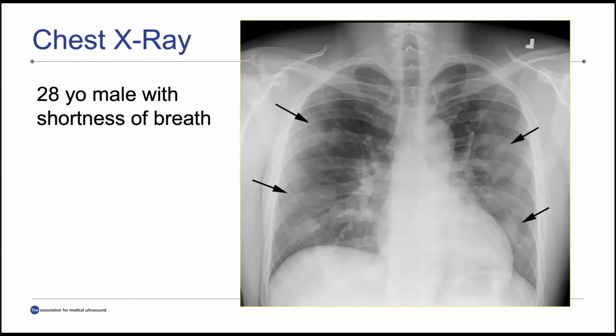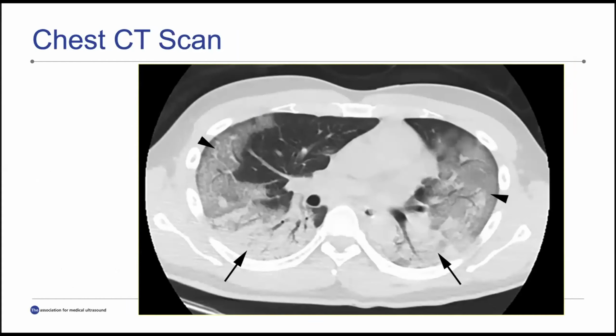And many times these patients would go on for a chest CT, and you can see here, again, with the arrows pointing to these peripheral opacities. We call these GGOs, or ground glass opacities, that we would see in a peripheral distribution in the bilateral lung fields. Very classic for COVID-19 pneumonia.